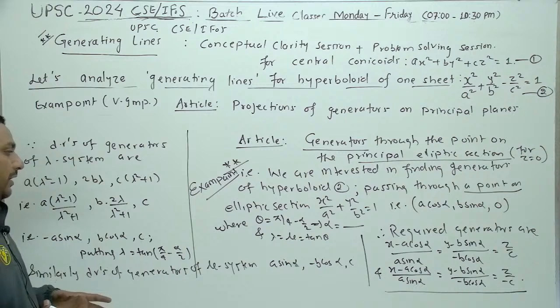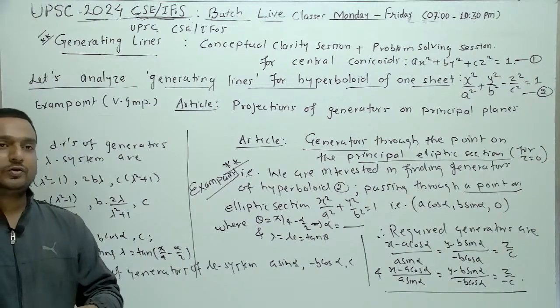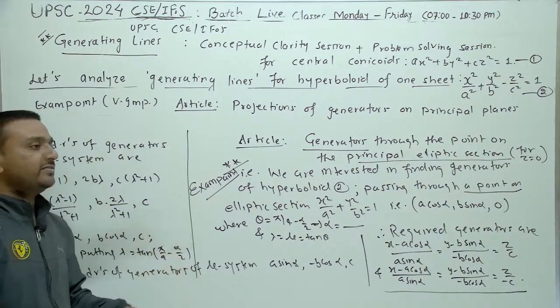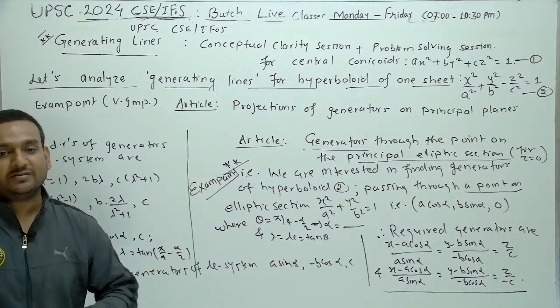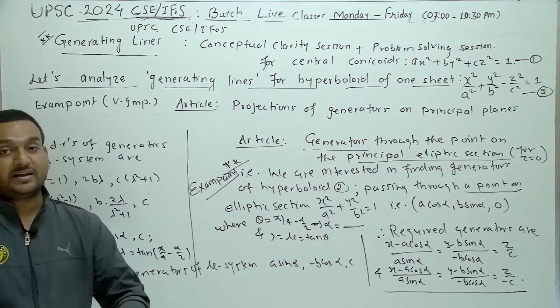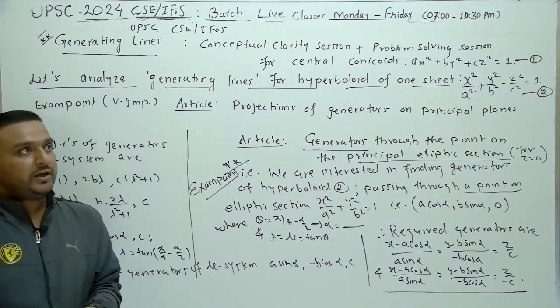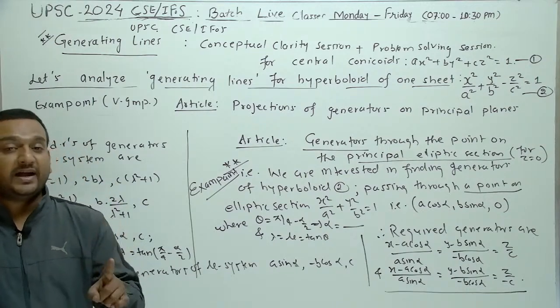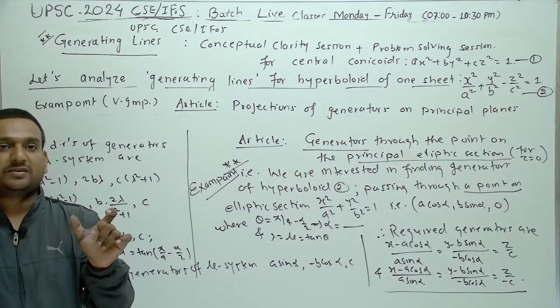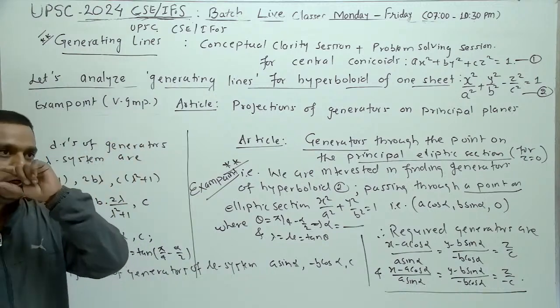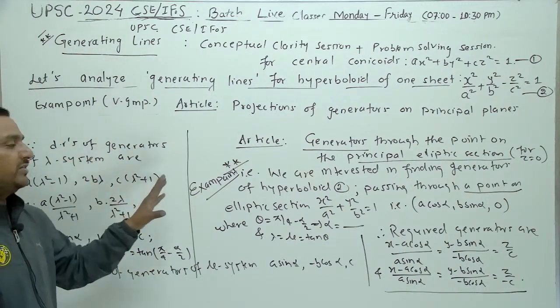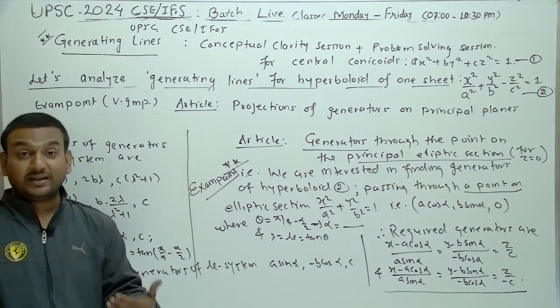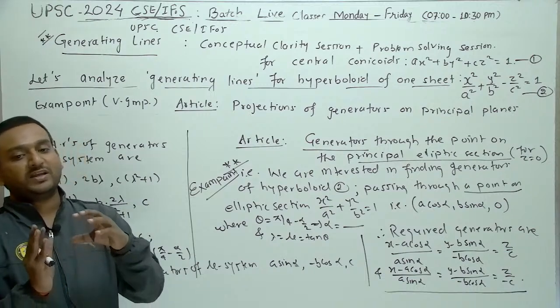Still, what I suggest is that tomorrow when you revise these things, they will look like pretty sure things, easy to understand and easy to retain as well. Still, if you feel how the things are coming here, in the booklet I have given you, the chapter on generating lines has 3 to 4 pages at the start for these articles. You can go into details if you come across any doubt.